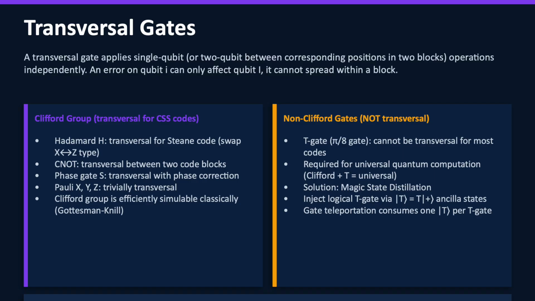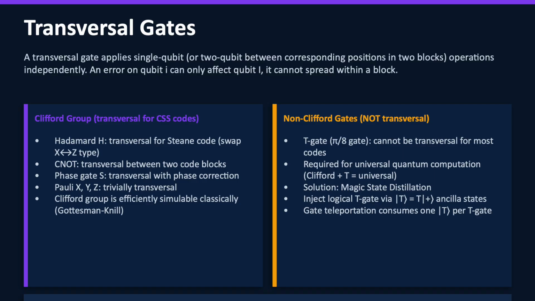Together, these form what is known as the Clifford group of operations. For many purposes in quantum computing, Clifford operations are sufficient, and having them implementable in a transversal, fault-tolerant way is tremendously valuable. Clifford operations alone are not powerful enough to run every quantum algorithm.